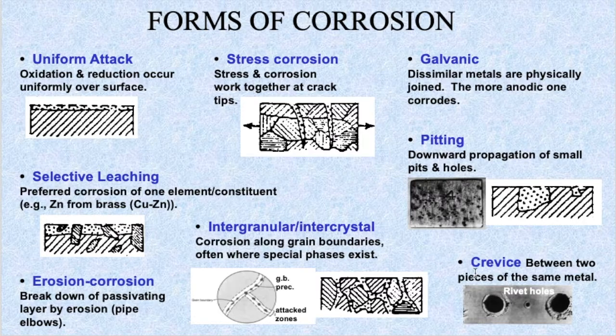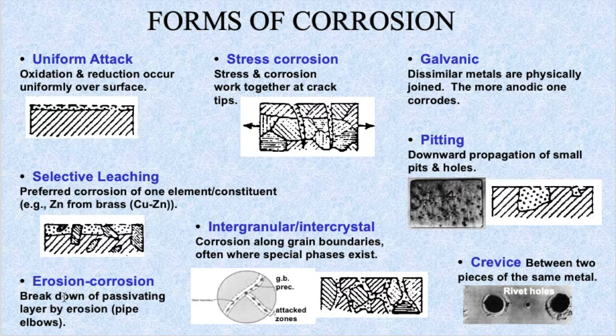There is also crevice corrosion. This one refers to cases where you have joints not fitting properly, not joined together such that there are crevices, or if you were welding two pieces of metal and there are cracks left that are not sealed properly, that is likely to lead to crevice corrosion.